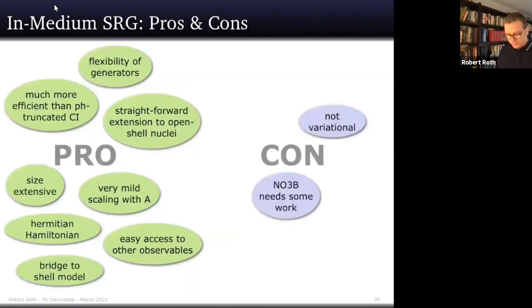Okay, now a quick summary of this whole in-medium SRG chapter. I find this method is absolutely fascinating. It has lots of pros here. It is super flexible. And you've seen that already because we have used the same SRG idea for the free space pre-processing of the Hamiltonian, and now in a single reference and a multi-reference version, also in combination with NCSM.